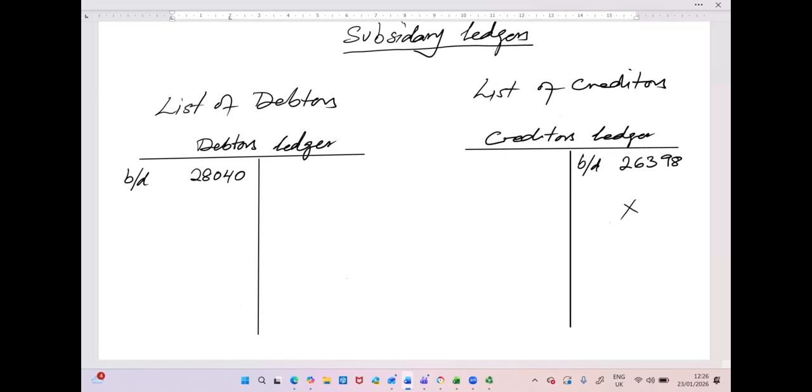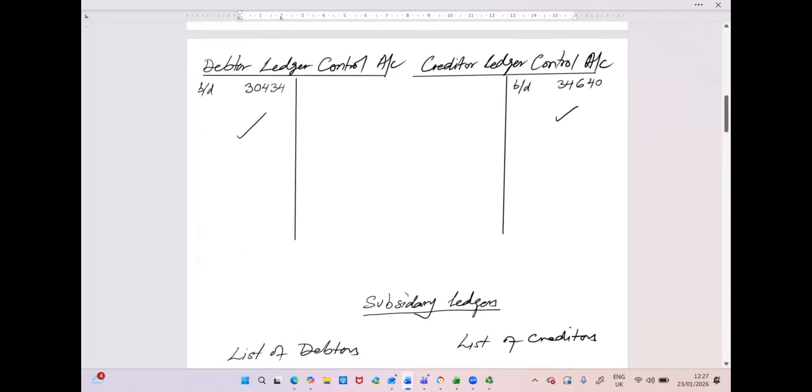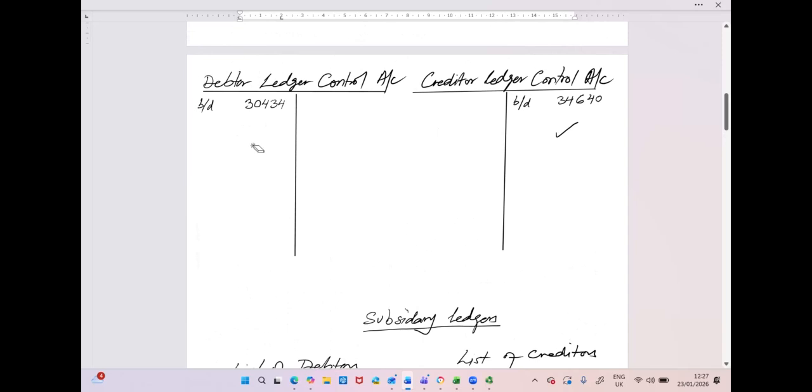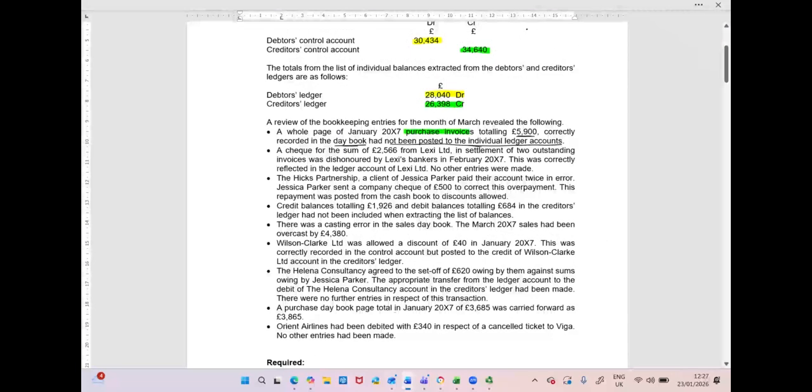So I need to record it in the individual accounts, and that is 5,900. And because my accountant forgot to record it, I will write omission. It's an error of omission. So that's recorded. Make sure you read the transaction clearly, making sure that you're updating the relevant account.